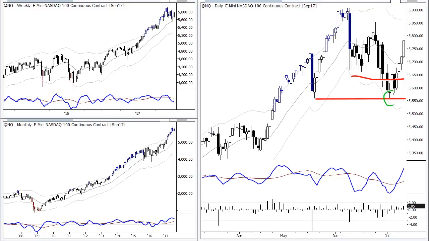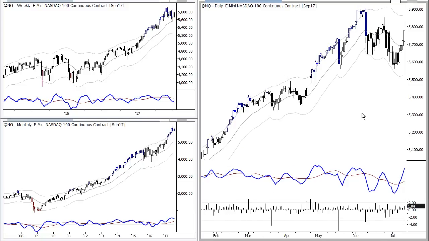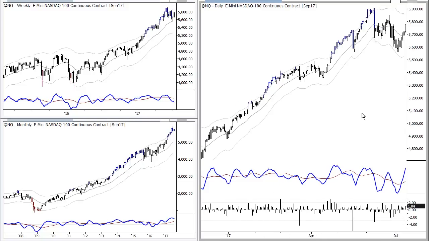Now, you might argue, successfully, I think, that this is some evidence of price rejection. So overall we do have a conflicted situation. Notice that I'm not worrying about any political or headline events, though there certainly are concerns there. But the price structure will tell us everything we need to know.